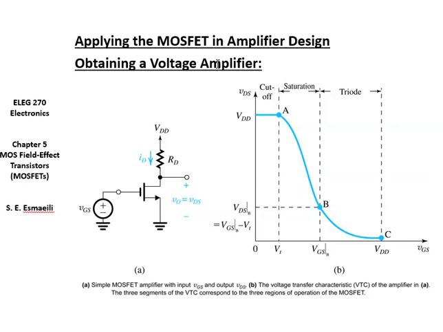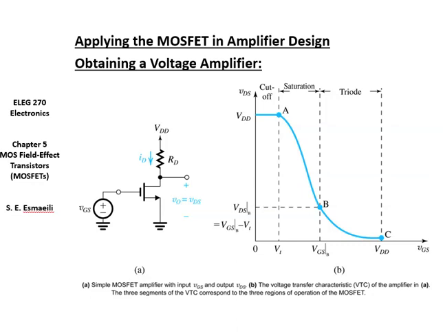For the MOSFET, this scenario changes. It only works as an amplifier if and only if it is in the saturation mode.